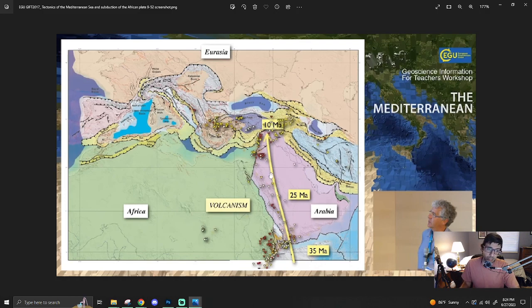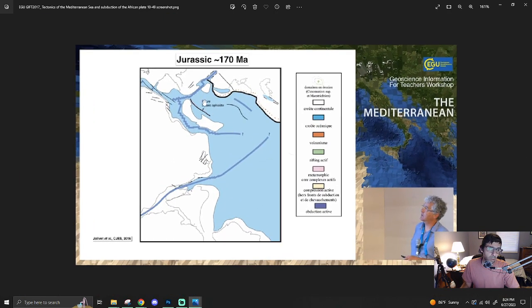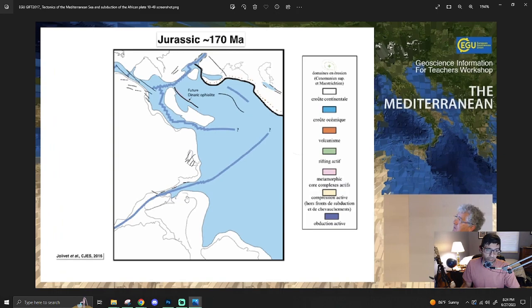So there's some kind of motion of a current going this way that maybe goes this way and around this way. We'll see. So 170 million. Okay, this is the Tethys Ocean. So there's India.